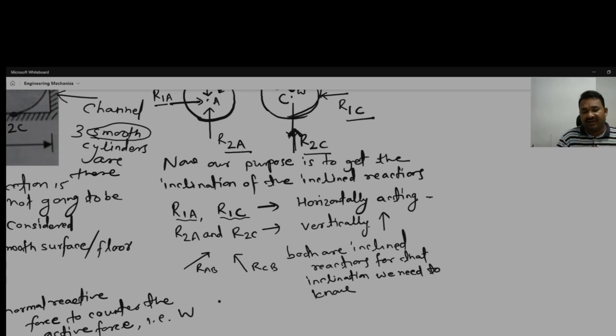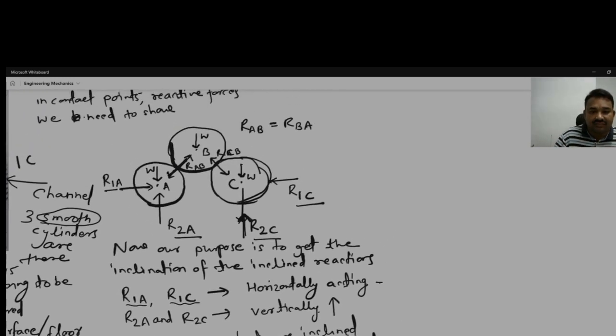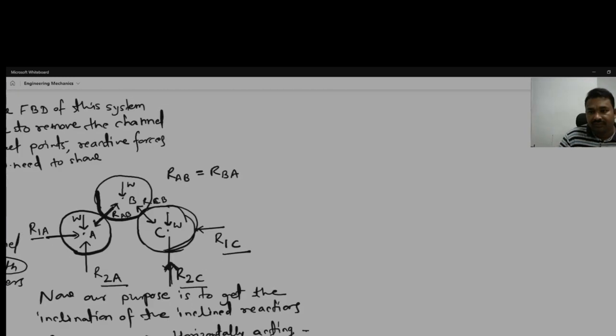So let us find out that. Okay. So let us draw the triangle by joining all the centers of the cylinders, as there are three cylinders. Okay, so let us join these, this one, this one, this one.